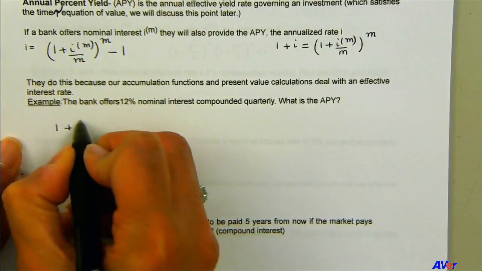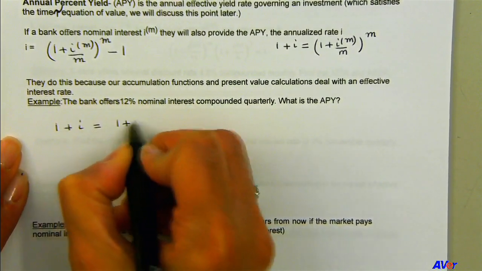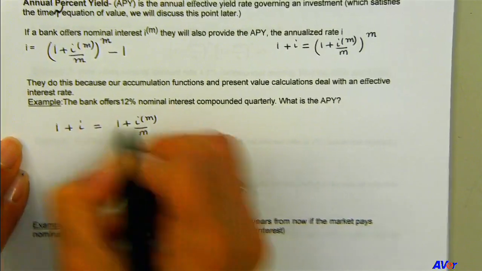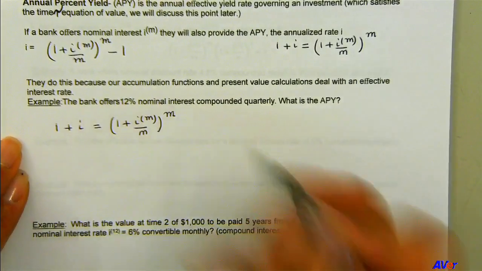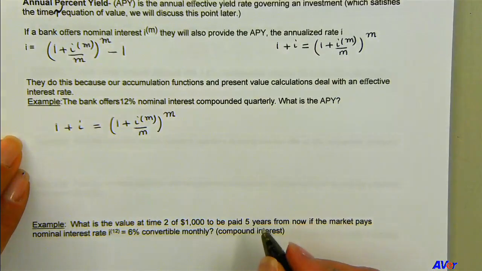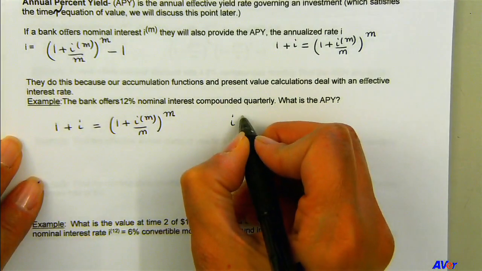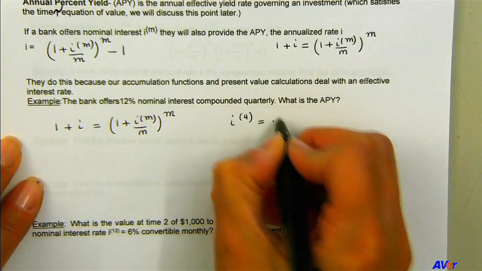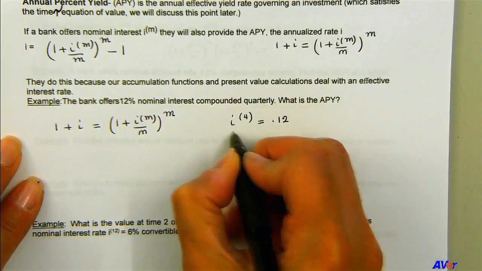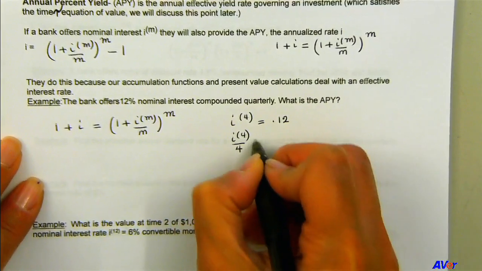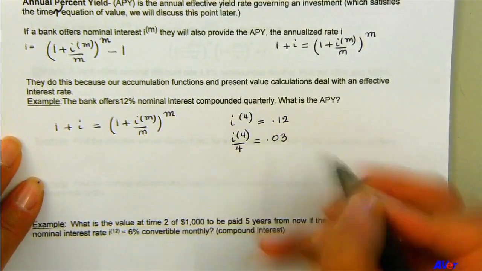So I have 1 plus i equals (1 plus i^(m) over m) to the mth power. Again, i^(4) equals 12%. So i^(4) over 4 equals 3%.